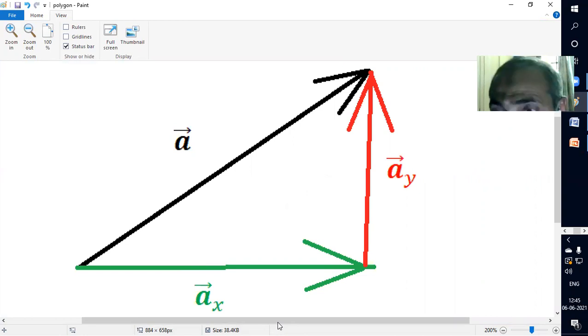The green vector and the red color vector are moving in anti-clockwise direction, and only the black color vector is moving in the clockwise direction. That means the mathematical equation is written where the black color vector will come to one side of the equation, and the other two, the green and the red, will come to the other side of the equation. The equation will become something like this.